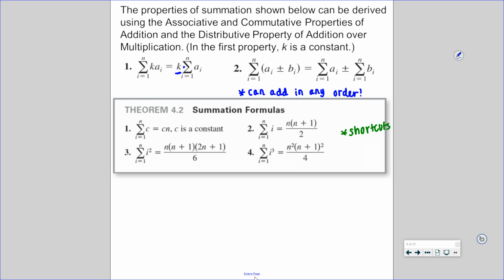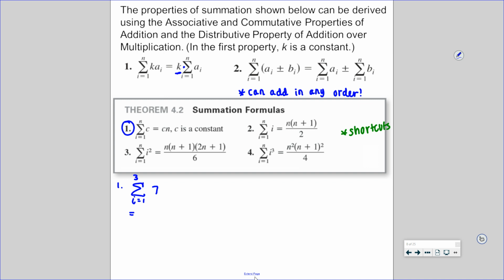So this first shortcut, if we have the sum of, let's say, the first 3 terms, and my rule is a constant, let's say my rule is 7. So what that means is you're plugging in 1 into your rule, but there's no place to plug in 1.